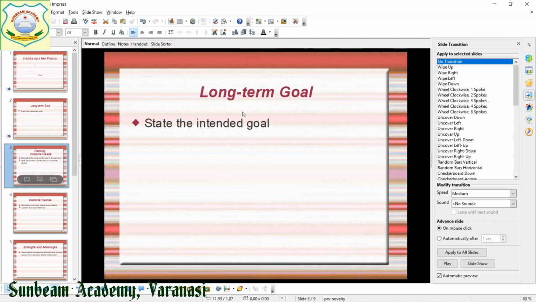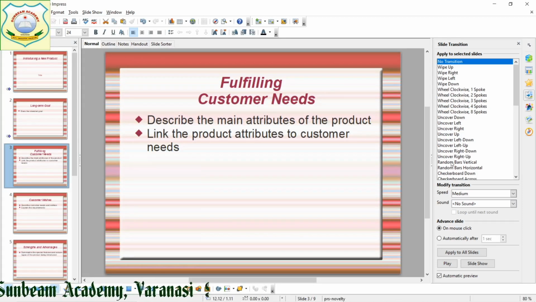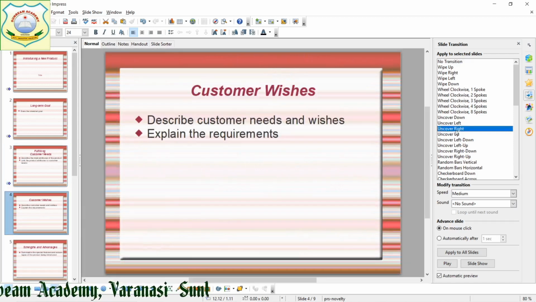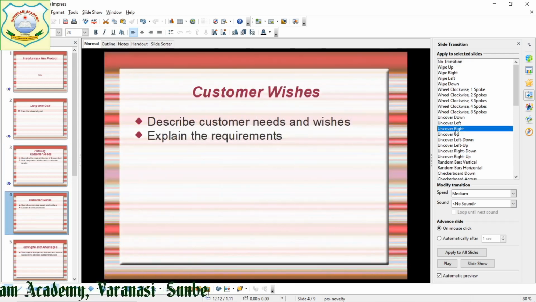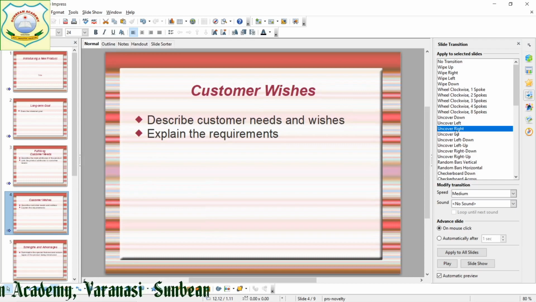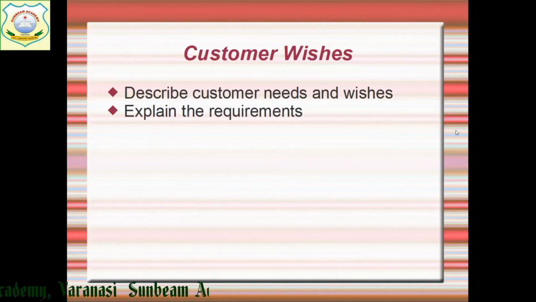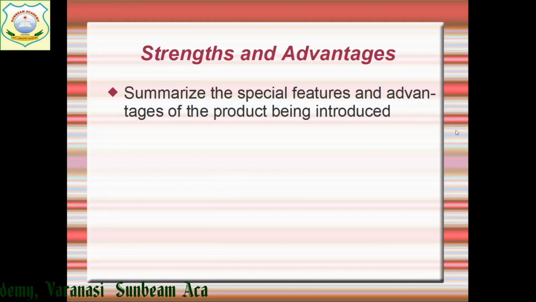Then for the third slide I am giving this one. For the fourth I have given this one. Right? When you run your slideshow, you will see how the first slide, then the second is going to come.